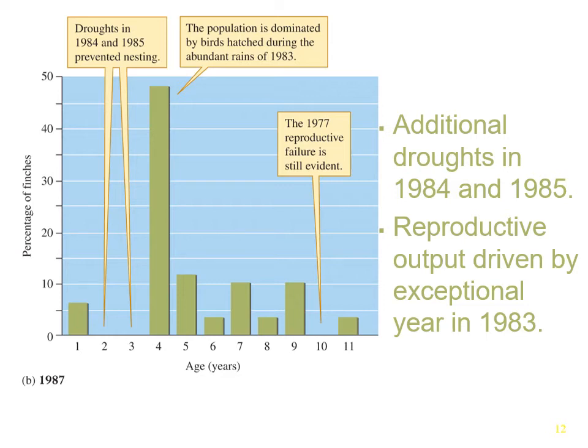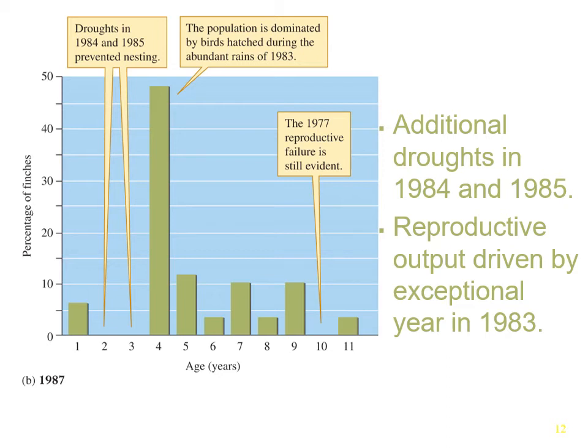There were no 3-year-old finches, but we can see there was a really exceptional year in 1983 where there were like a ton of 4-year-old birds because they had really wet weather that year. So that was a very high production of food that the finches depended on for reproduction.